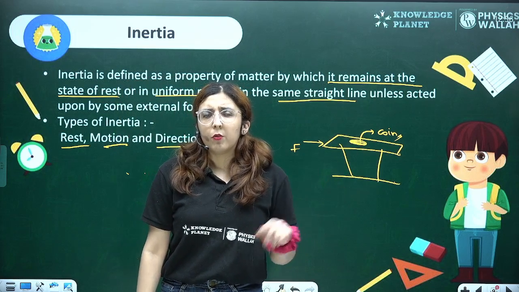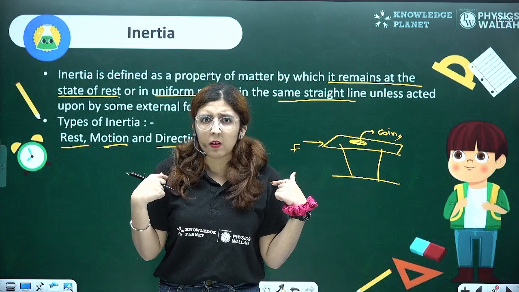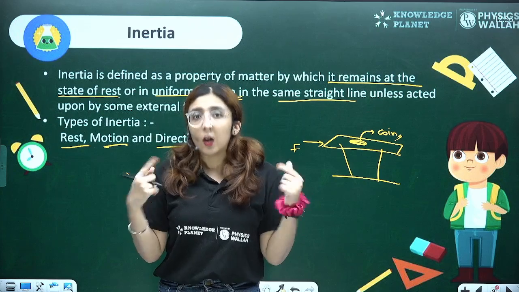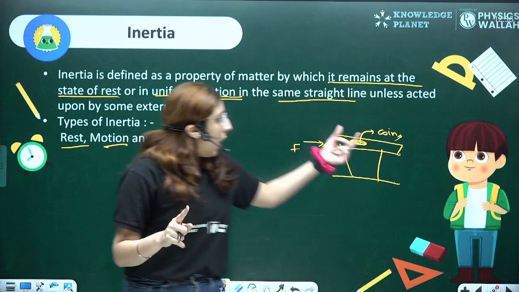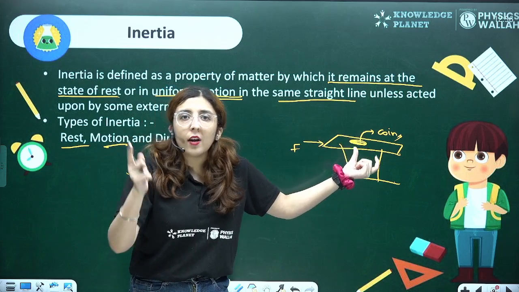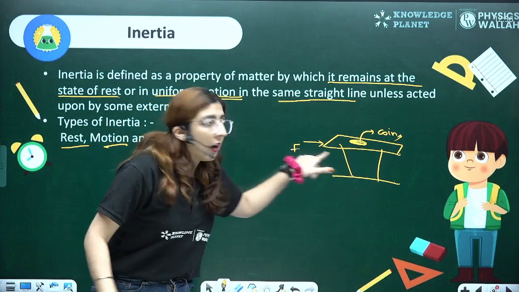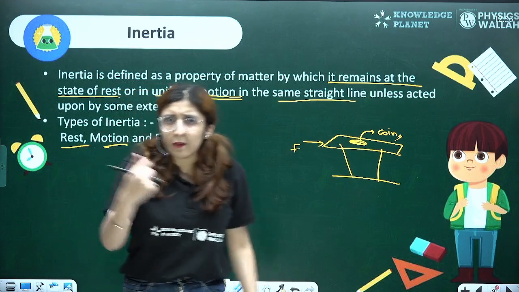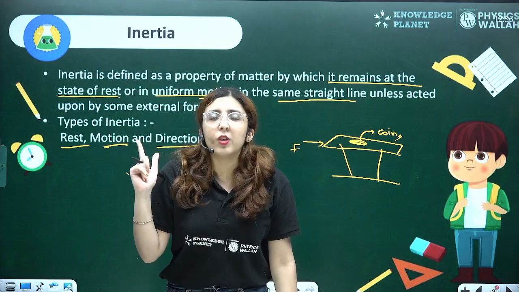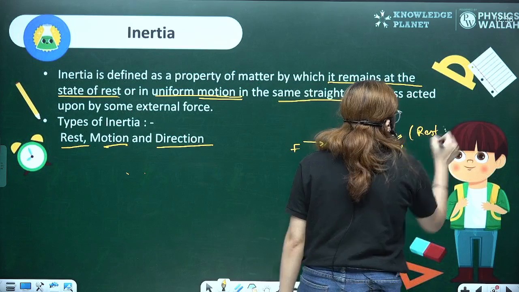The coin is saying, I am at rest. Force is not applied on me, so why should I change? You are applying the force on the card, not on the coin, so I don't want to change. So the coin is going to drop down.